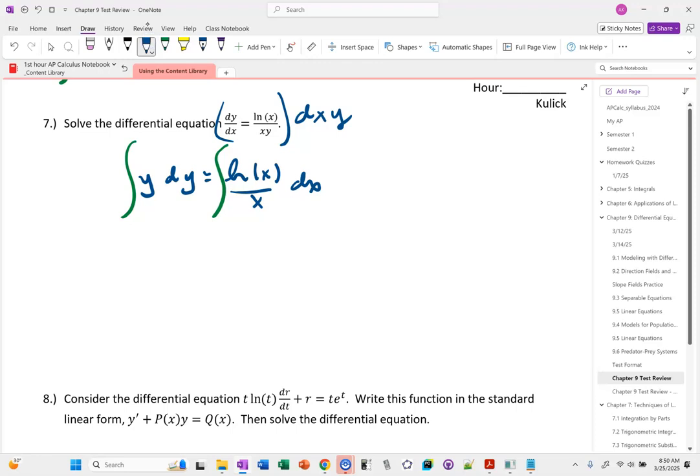Integrate both sides. The antiderivative of y dy is real easy. But how do I do the integral of the natural log of x over x dx?